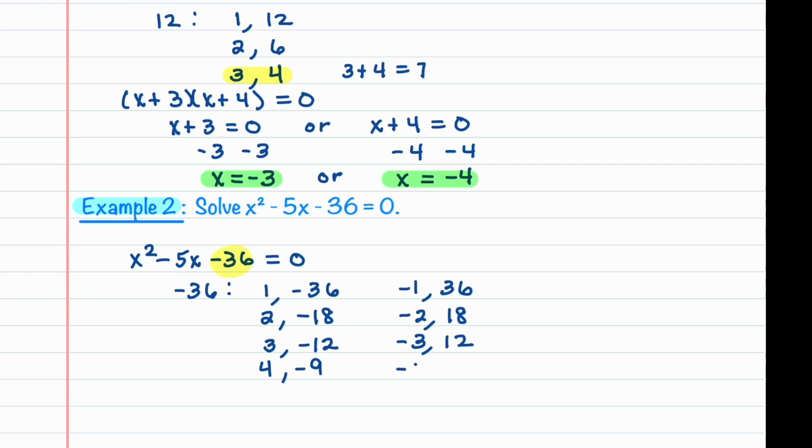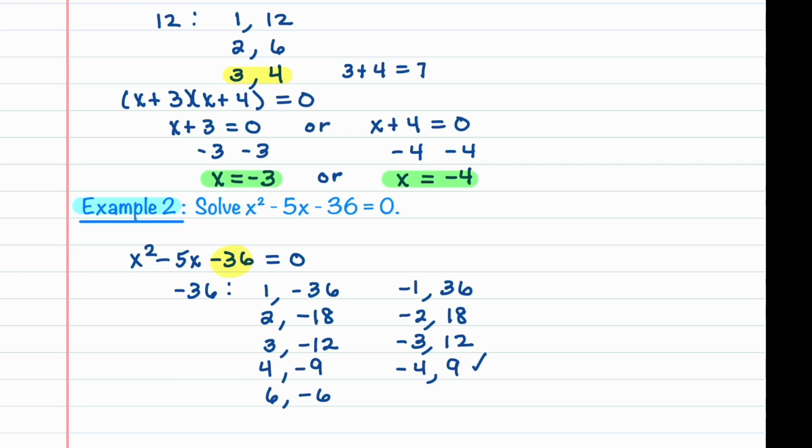And then on the right, we have a minus 4 and a 9. 5 doesn't go into 36. 6 does go into 36, so we'll write that down. So we have a 6 and a minus 6, and we don't need to write minus 6 and 6 because that's already written down. And then 7 doesn't go in. 8 does not go in. 9 we already have, that's right here. So we can go ahead and stop.